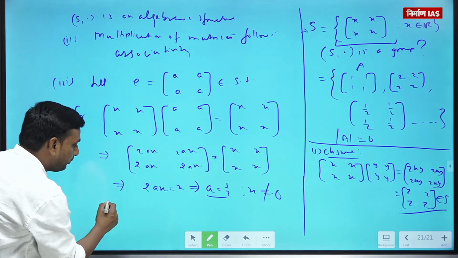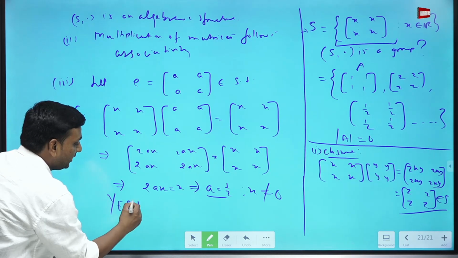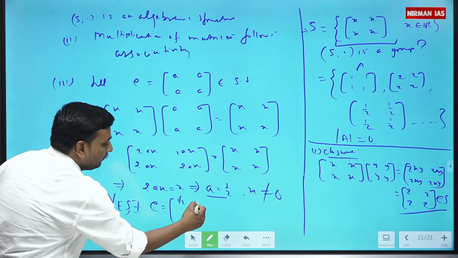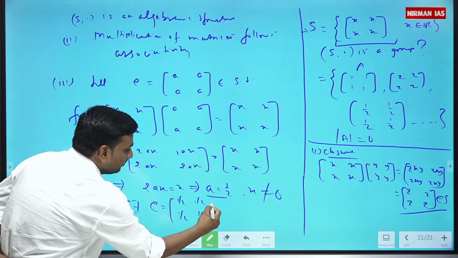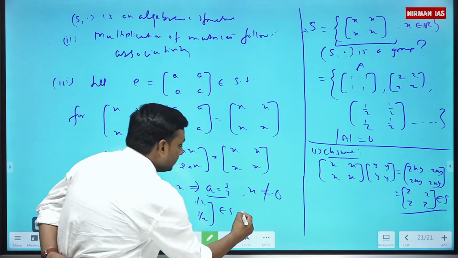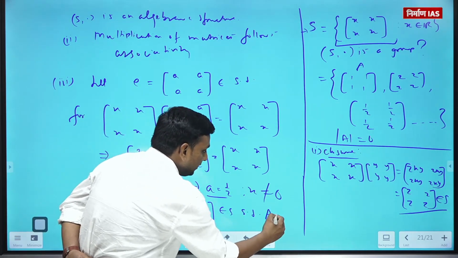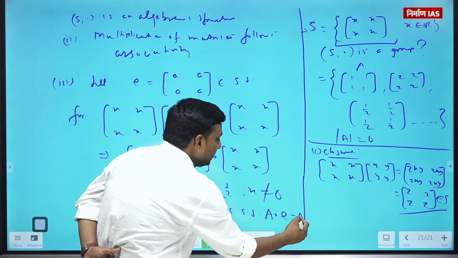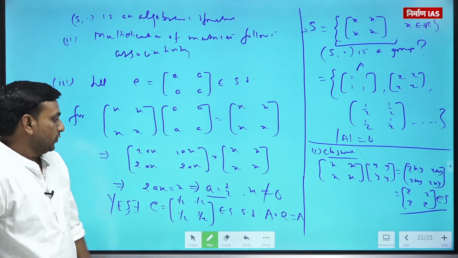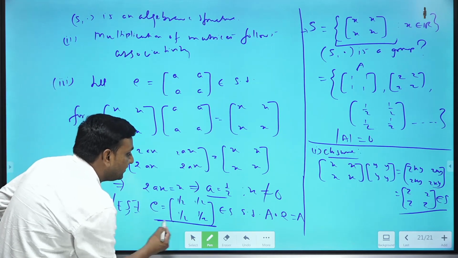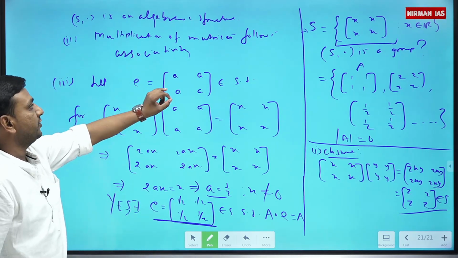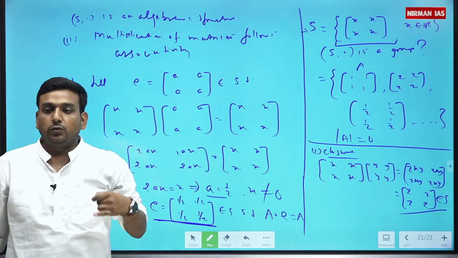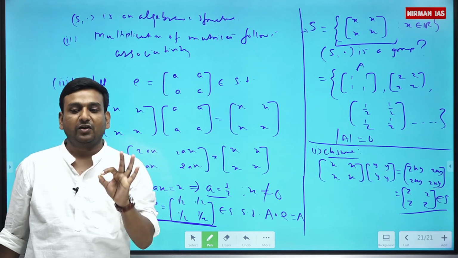That means we have proved yes, there exists an element E equal to the matrix with all entries 1 by 2, belonging to S, such that if you take the operation with this E, you get that element itself again. So this is the identity element of the structure S comma dot with respect to the composition multiplication of matrices.